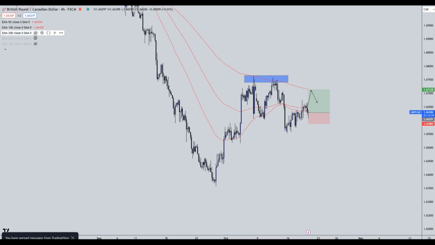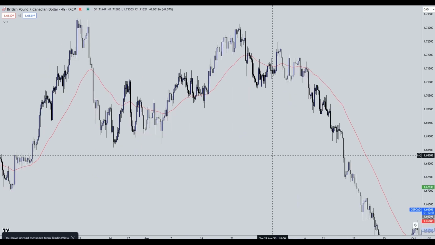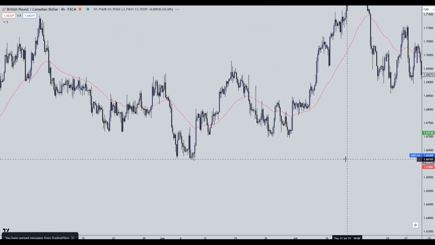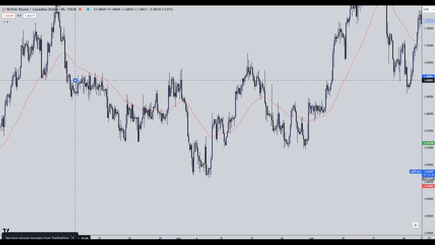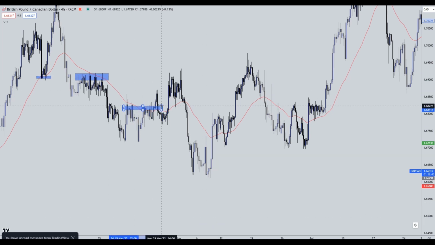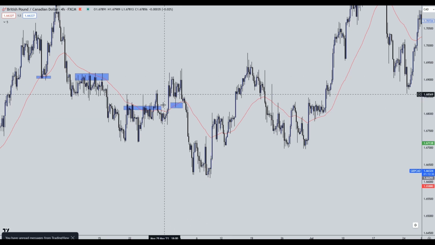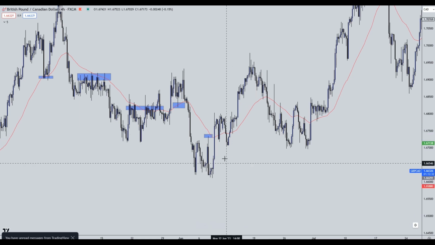If we also go to the 50 EMA, I've found the biggest success with the 50 EMA when it comes to the trend and things like that. But if you're just looking at a simple support and resistance strategy, then as you can see, we had resistance here, we had support here, we then had resistance again around here, price broke it, we had support again, price then came back down, you had a bit of a reaction there for resistance, same again, broke, retest, you've got support.